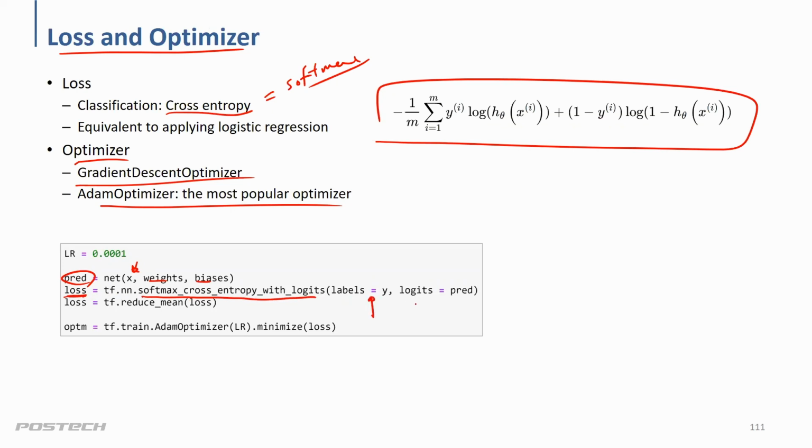This will be the true labels, and this one is the logits, the output of the neural net. I want to make sure these two are pretty much the same, which means I have to minimize that. And since we have a mini batch, we need to reduce mean to get a single scalar value and use that loss to minimize it using this learning rate, using the Adam optimizer in this case.